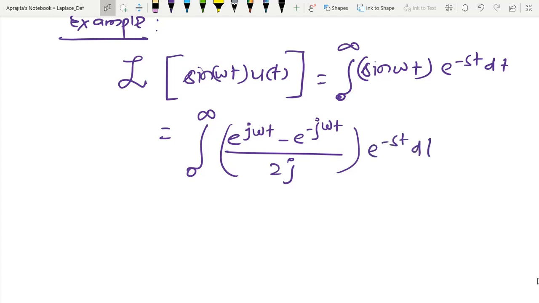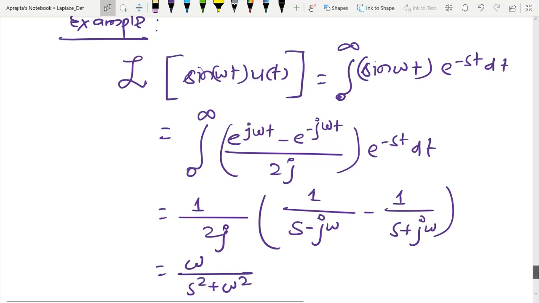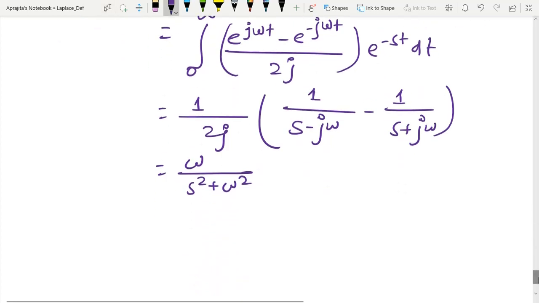I am just going to write the direct result. If you simplify this, then I will get this minus 1 by s plus j omega. So basically I have omega over s square plus omega square. With these numerical examples, I am going to close today's class.